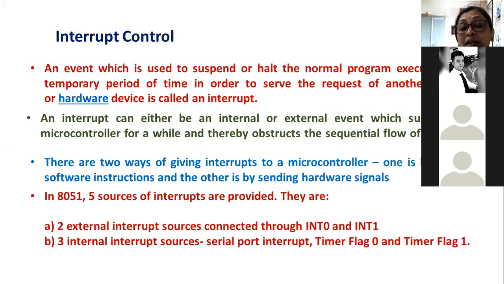Now suppose interrupt number 0 and interrupt number 4 are generated simultaneously, at the same time. Then whose priority is higher? The priority of the zeroth interrupt is higher. So the CPU will first serve the zeroth interrupt, and then after completion of the work, it will serve the fourth interrupt.